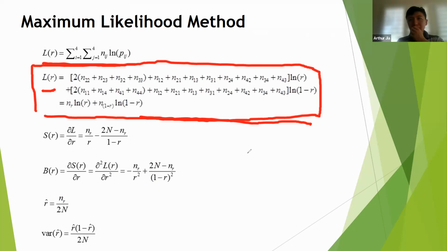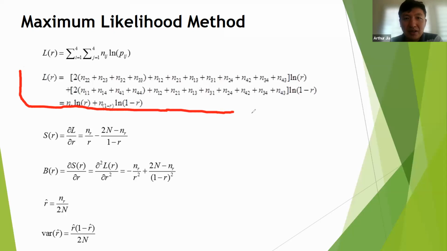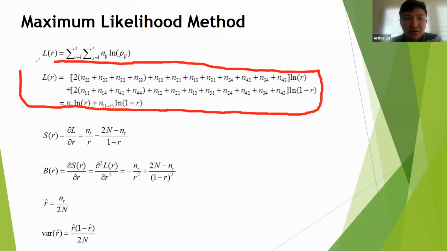All right. Now, the rest of the steps are very similar to what we learned last time, because this is the log likelihood function. Here we want to estimate this R, right?